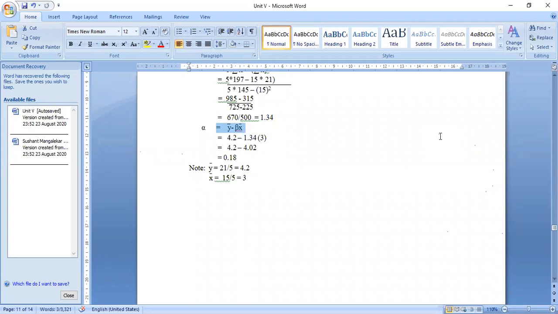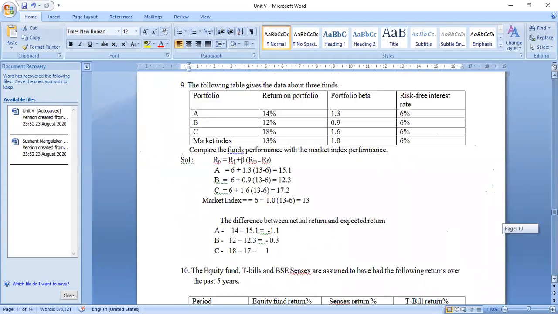Hello, ma'am. Hmm? Ma'am, in this ninth problem, ma'am, the formula has been changed, ma'am, alpha bracket RF plus B. Hello, ma'am. Getting, no?